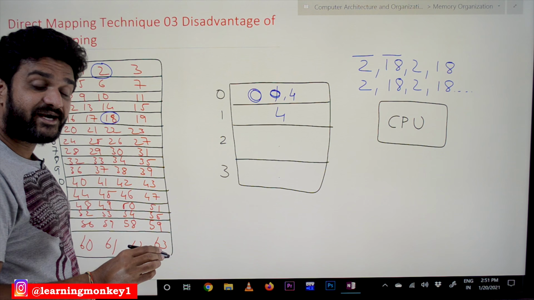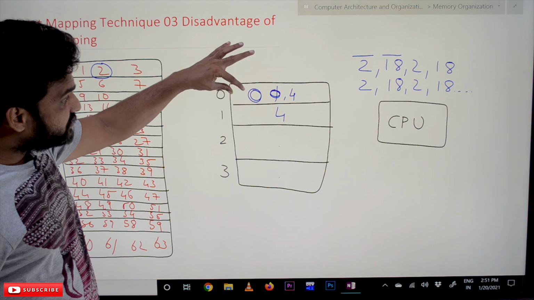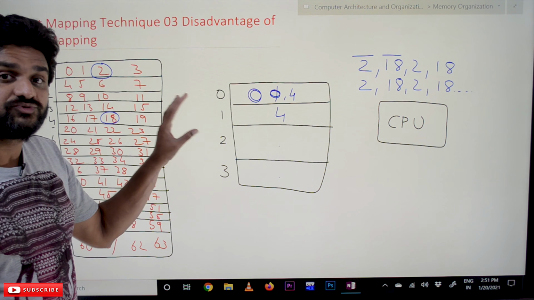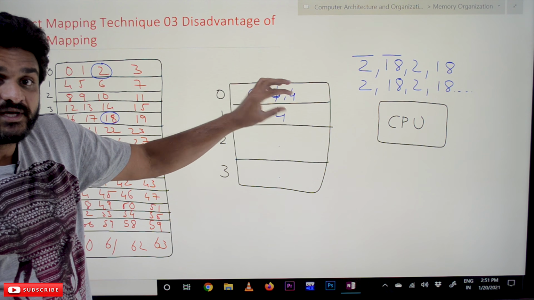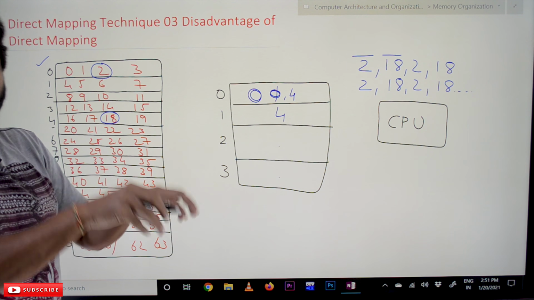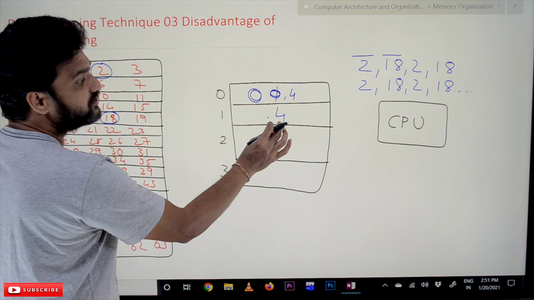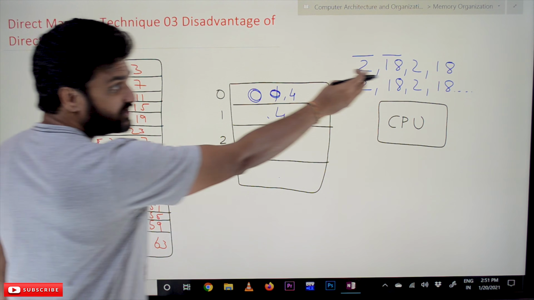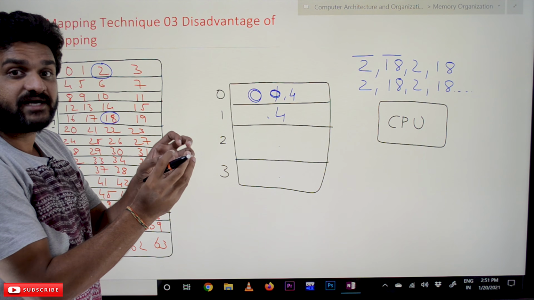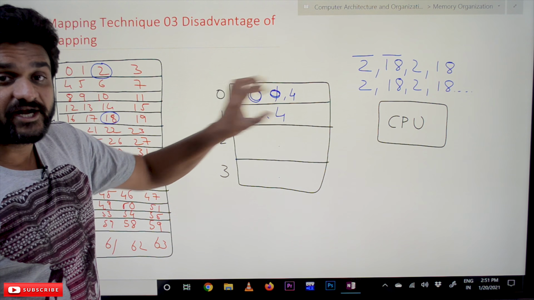But because it is direct mapping, the 0th, 4th, 8th and 12th blocks have to be transferred only onto the 0th line. This has already been discussed in our previous videos. Based on that rule, we are going to get continuous misses. If the 4th block were transferred onto another memory location, these requests would have fewer misses. So that is the disadvantage of this kind of direct mapping technique.